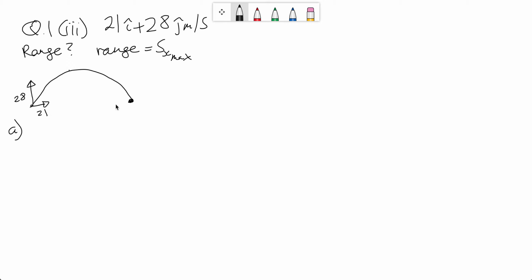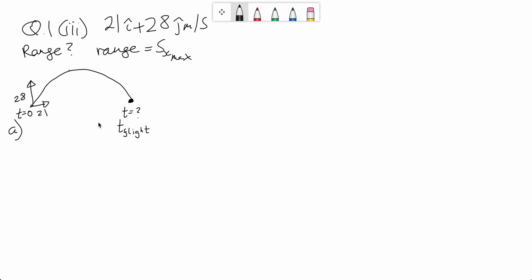If we knew how long it takes to get there, and we know it's traveling 21 meters per second all the way, then we just multiply the velocity by the time and we'd get the range. But to do that, we have to find the time. Obviously the time is 0 at the start. So the time here is equal to what? That can also be called the time of flight.